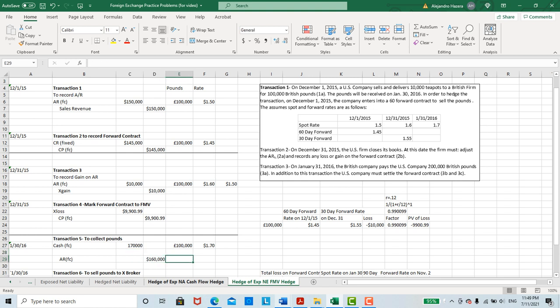That looks good. The other way to do this is you could have just taken 100,000 times the last value that it was adjusted to, in this case $1.60. That's the other way to do it. And we're going to have an exchange gain on this transaction, which is equal to the difference between the two, which is 170 minus 160, obviously, or 10,000.